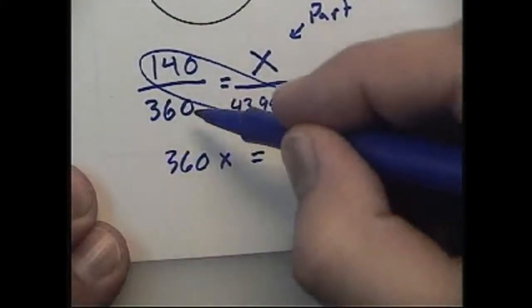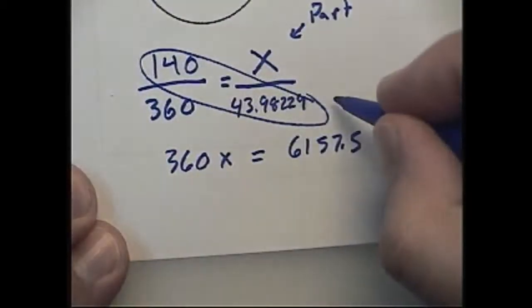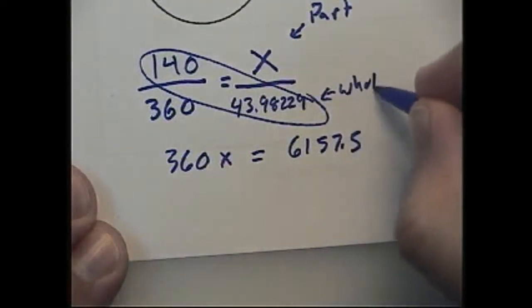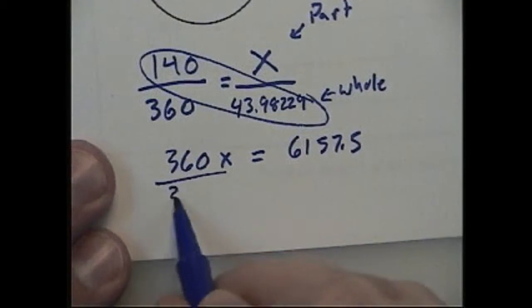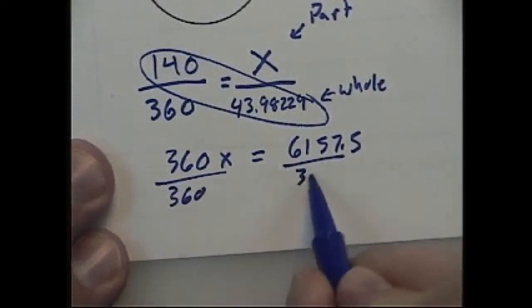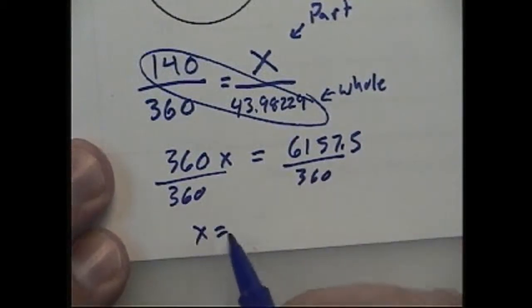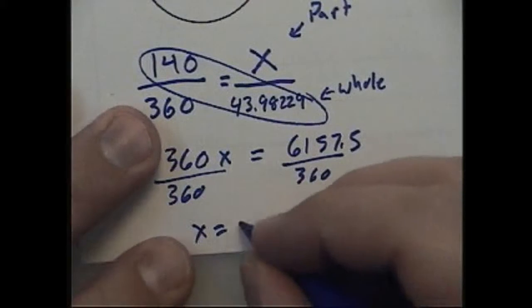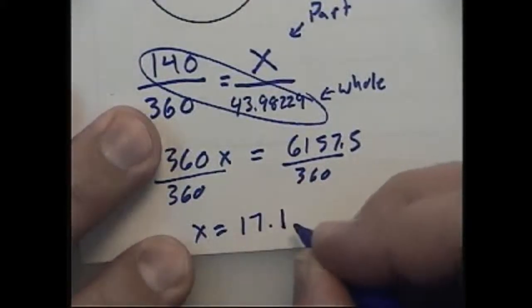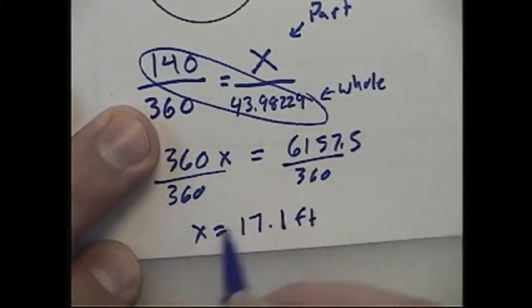Remember, part over whole. I don't know the length of the part, but I did know the length of the whole thing. The last step is to then divide by 360 degrees. x equals 6,157 divided by 360 is 17.1, and our length is in feet.